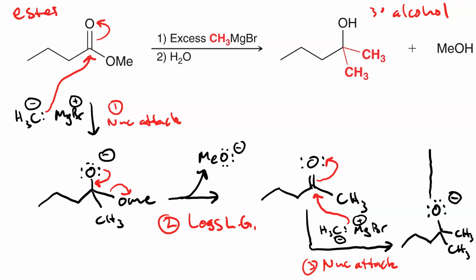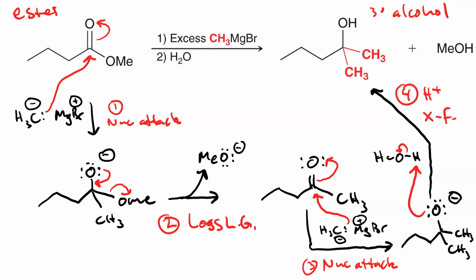And now all we need to do is protonate it. And of course, we're going to use water to do that. So, the alkoxide acts as a base, it attacks the proton, and that sigma bond turns into a lone pair. And this is our final step, proton transfer.